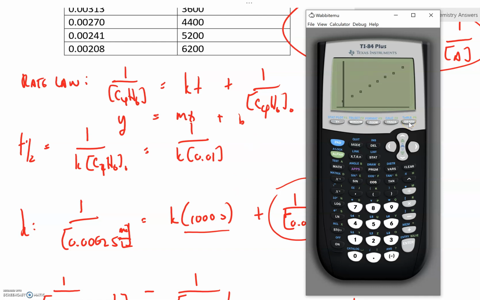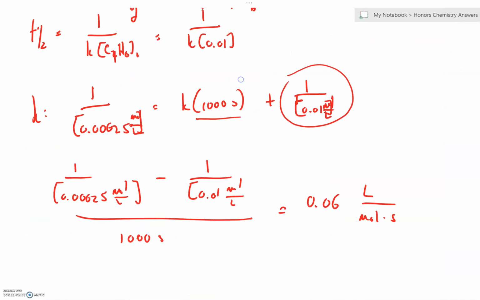We know this is our straight line, so let's go to our data and tell our calculator to run a linear regression on L1 versus L4, and this is going to tell us the slope of our line, which should be k, should be a positive number, and we'll say calculate. Ladies and gentlemen, 0.06. So you verified that k is 0.06 liters over moles seconds.